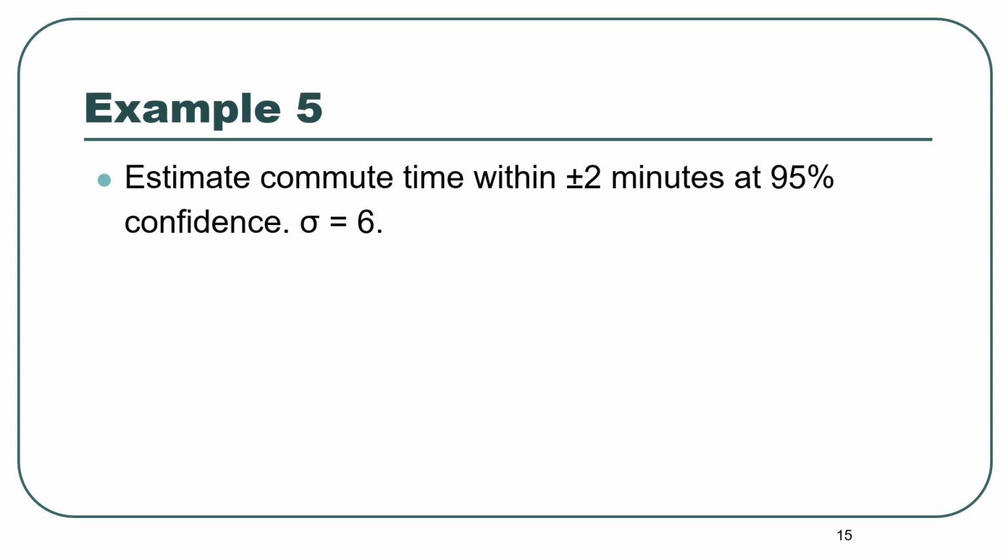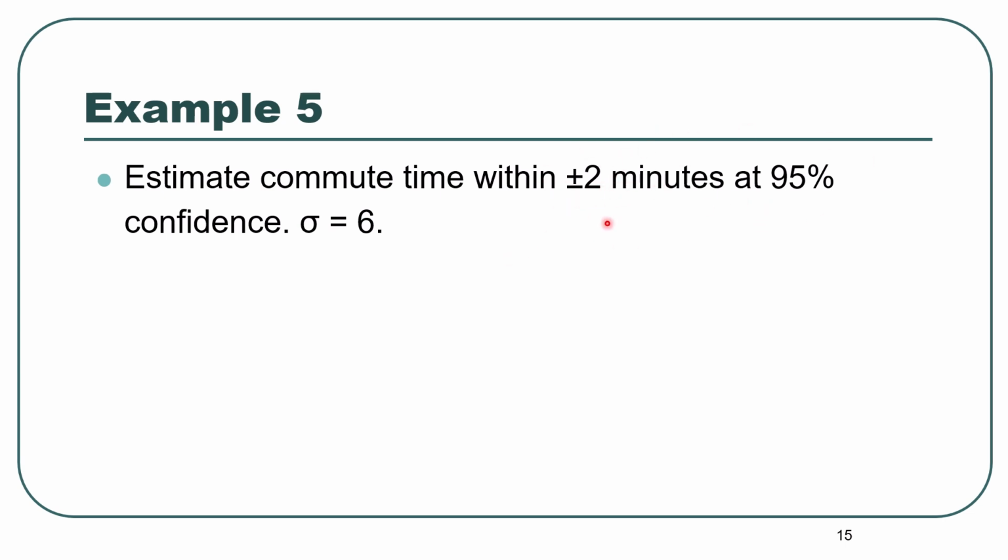This example will show us how to determine the required sample size if we want to estimate my unknown mean mu with a 95% confidence level, where I am entering my problem with a known sigma equal to 6, and I want the x bar to be within 2 of its unknown parameter mu.